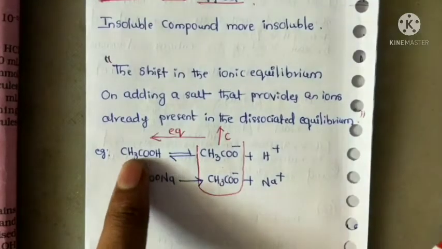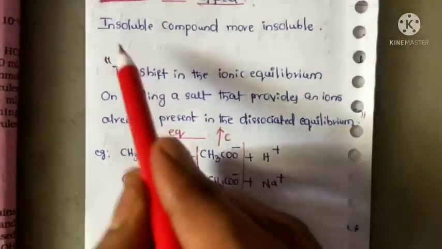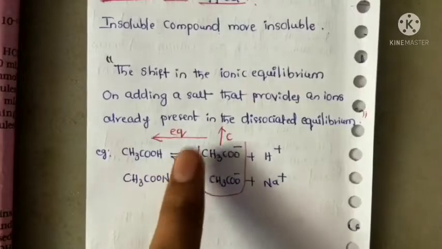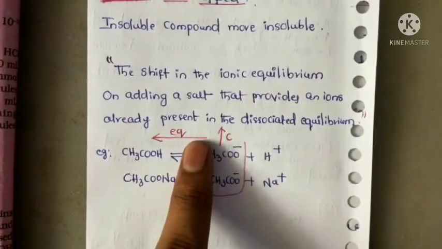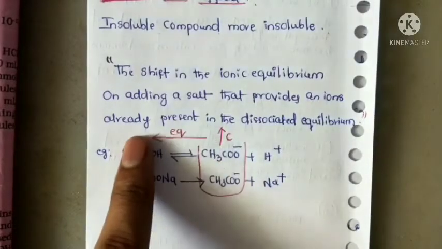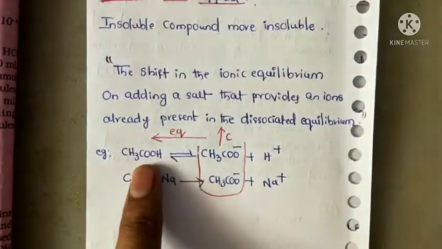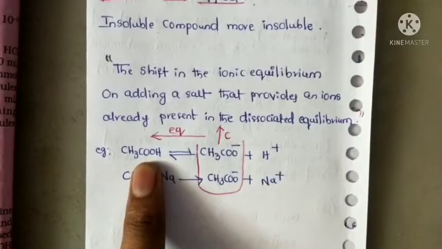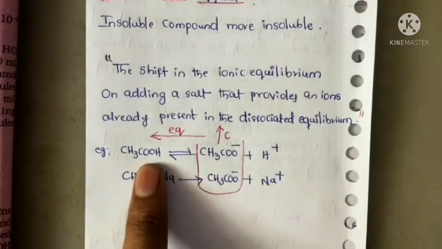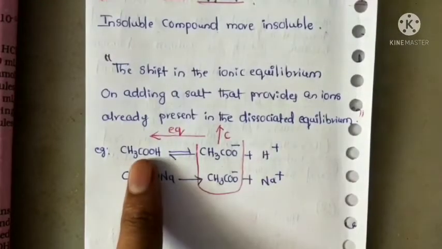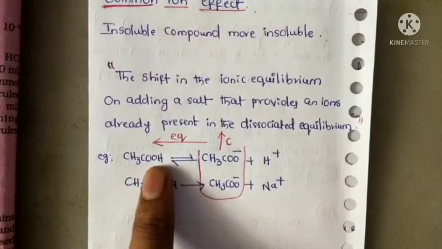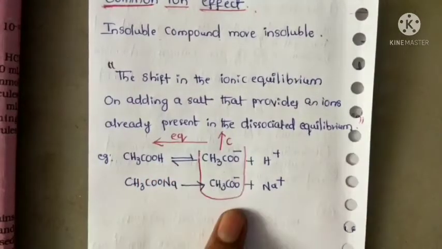That means, what is our title name? Insoluble compound more insoluble, because the ionic equilibrium will be shifted to the left side. That means undissociated molecules are more. Undissociated means not dissociated, and not dissociated means precipitated, or sometimes called more insoluble.